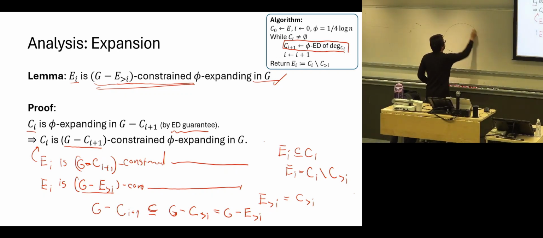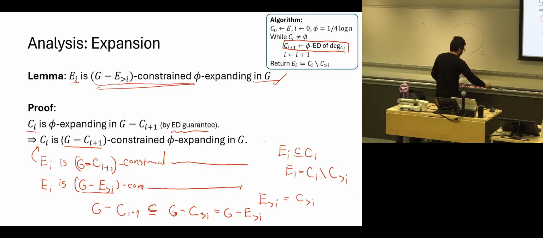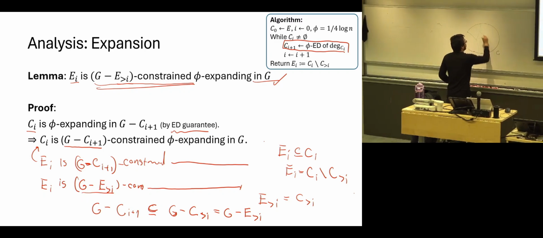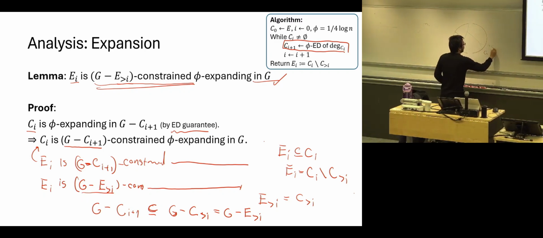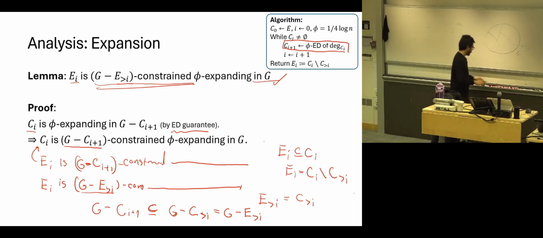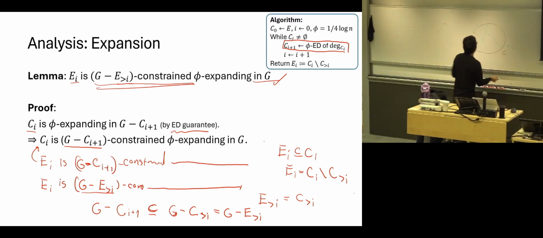You have a graph G, and let's say this is your Ci.